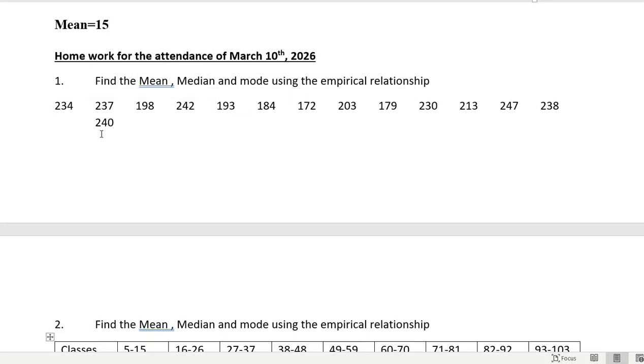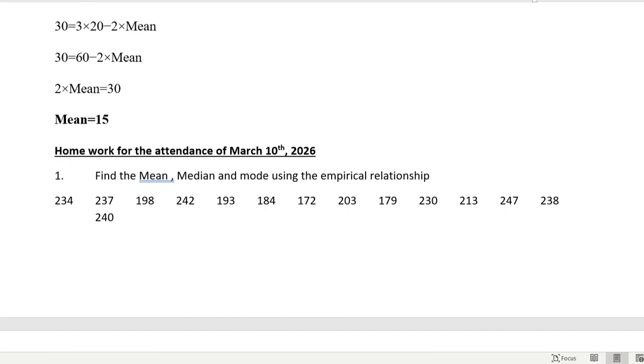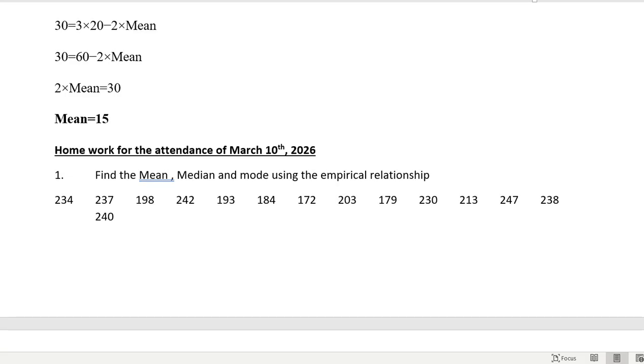Now check this one. Based on this, I have given you two questions. The first one is finding the mean, median, and mode using the empirical relationship. Here you have to find any two, and the third one you can put in this empirical relationship and find its value. But I suggest that you should always go for median and mode in ungrouped data because it's quite easy to find.